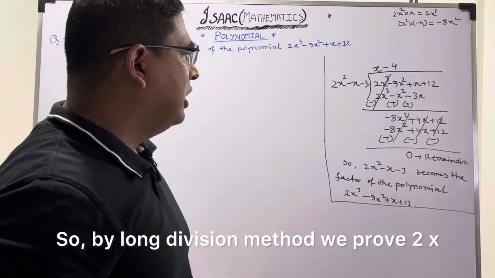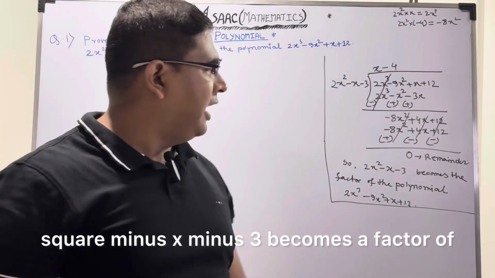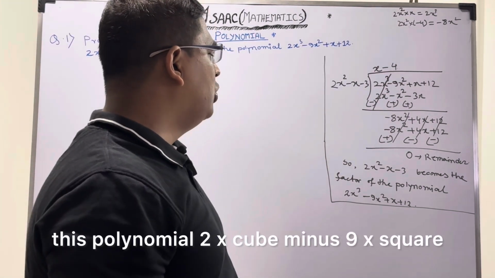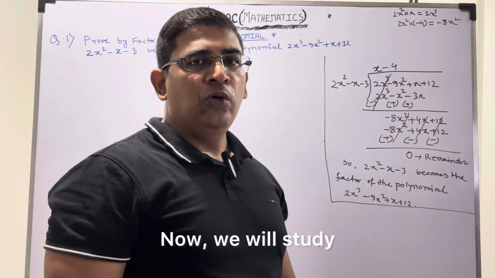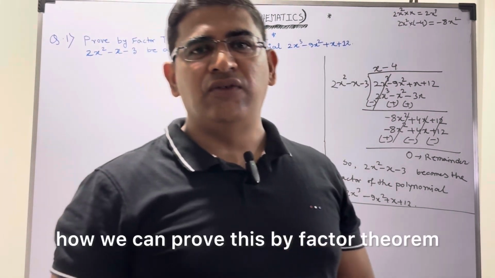By the long division method we proved that 2x square minus x minus 3 is a factor of this polynomial 2x cube minus 9x square plus x plus 12. Now we will study how we can prove this by factor theorem.